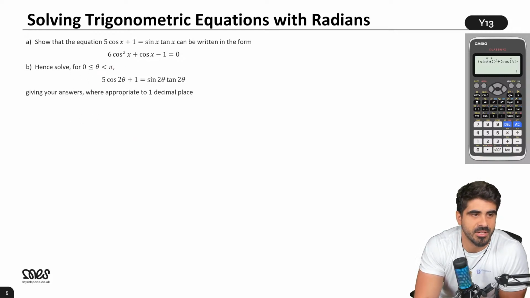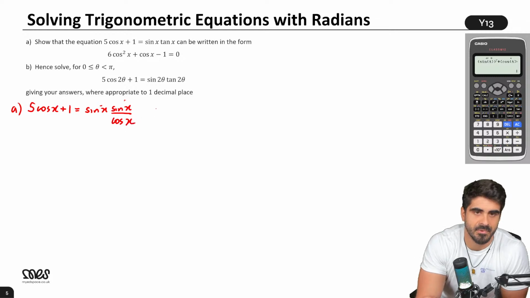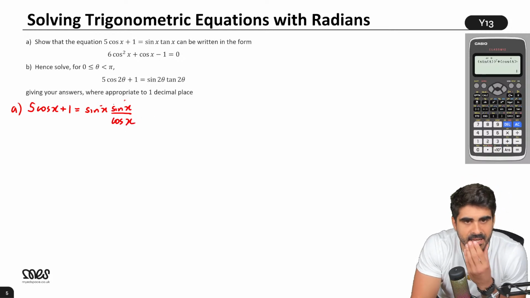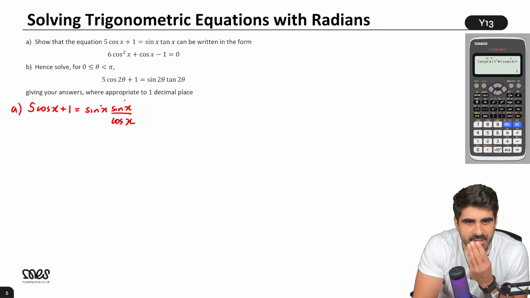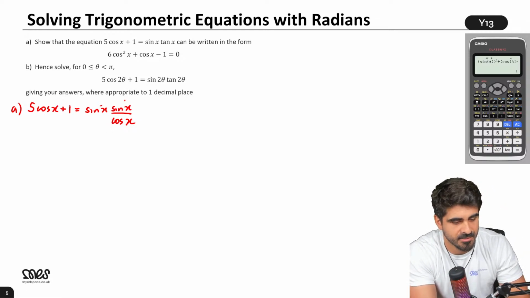But yeah, good guys. So we're going to change tan into sine over cos. So we have 5 cos x plus 1 is sine x, and tan is sine over cos. Okay, and then what happens here? What ends up happening now?